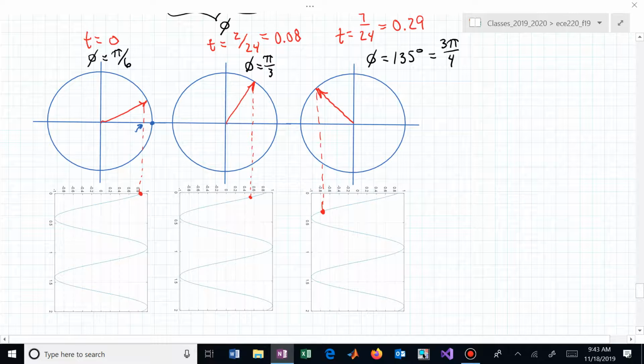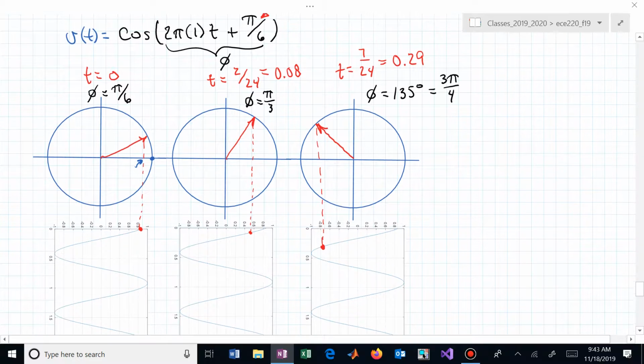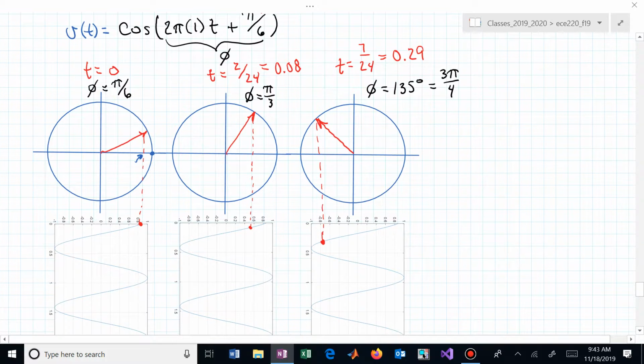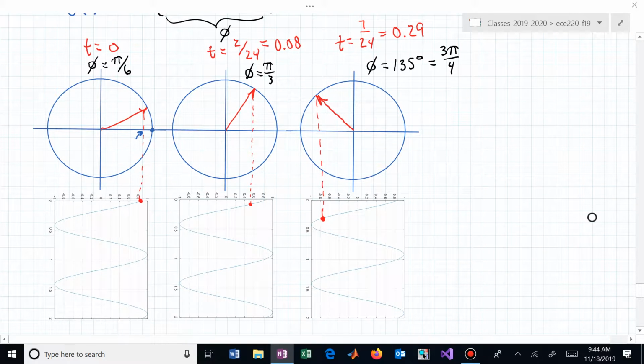And that is consistent with what the time domain waveform cosine of 2 pi t plus 30 degrees is at time 0. It's 0.866. That's the value. Now we increase time a little bit. Here, this is time.